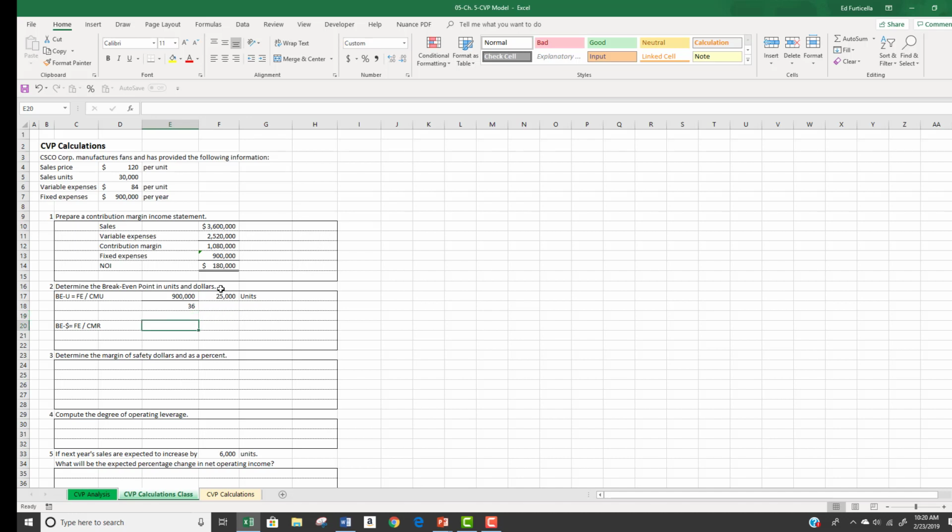Next part of this problem says calculate the break-even point in dollars. All right, so the equation for break-even point in dollars is fixed expenses over the contribution margin ratio. Fixed expenses again are 900,000. The contribution margin ratio is the contribution margin divided by sales.